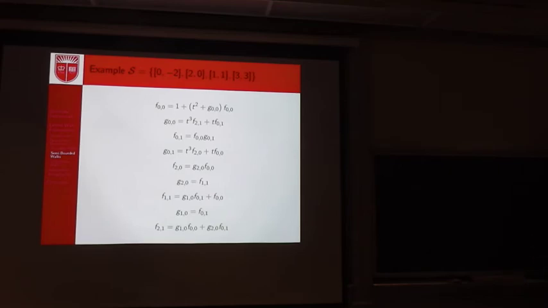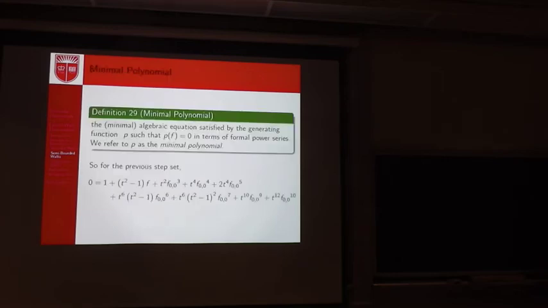Yay. But it's no longer linear, so we can't just solve for it, but we can use Gröbner basis to come up with a minimal polynomial. So for the previous step set, the minimal polynomial basically gives us this. The generating function satisfies this relation.